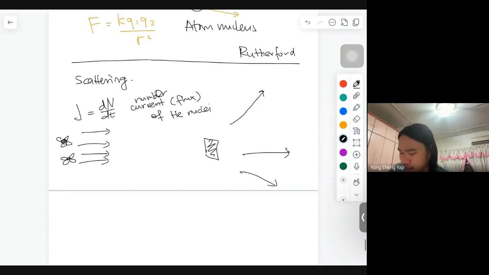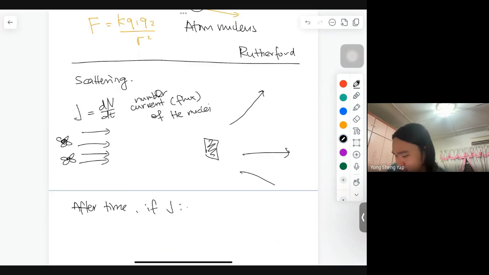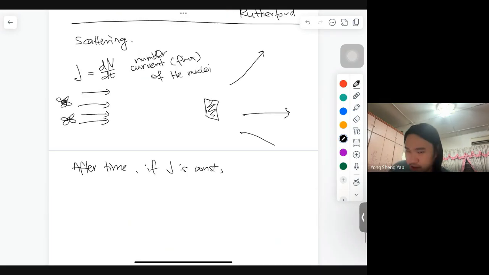If we analyze this a little bit, after time t, if J is constant, a number of particles has been bombarded and has been scattered off to some random place here, to some detectors over here.